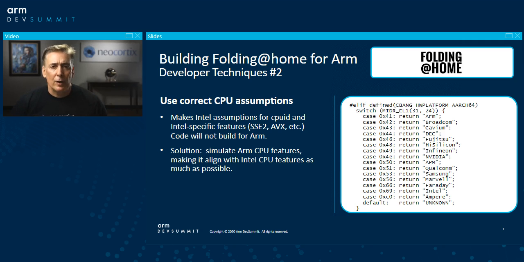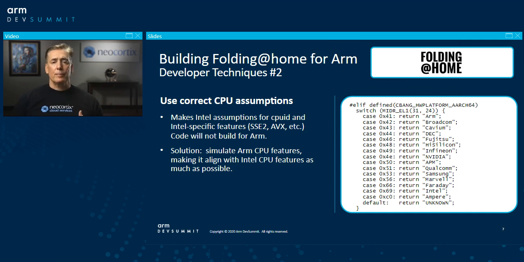So there's an example here that LCF defined. If you're on the ARM platform, then he had to set this particular register, MIDR_EL1, and under certain cases, return various values.